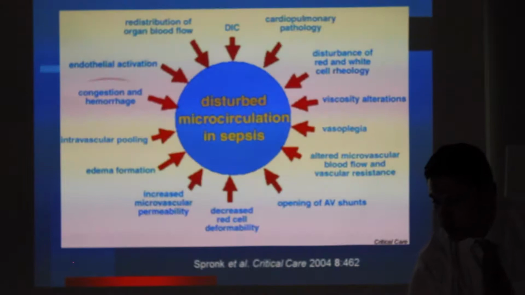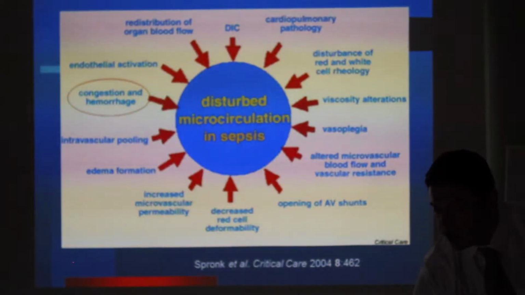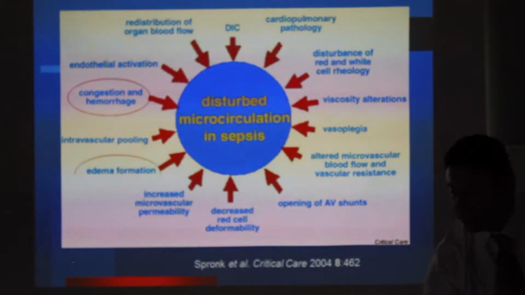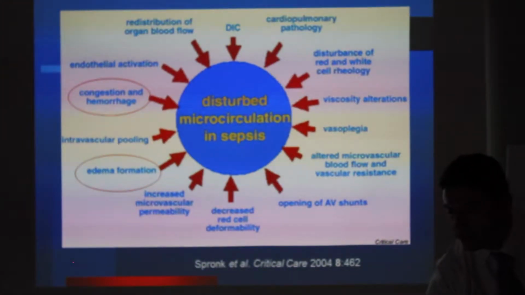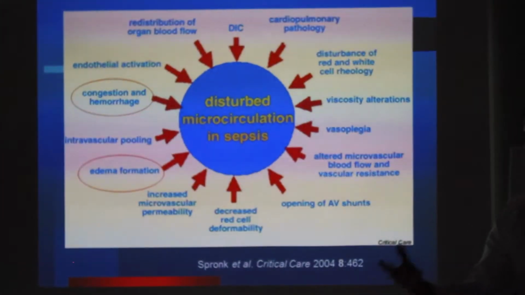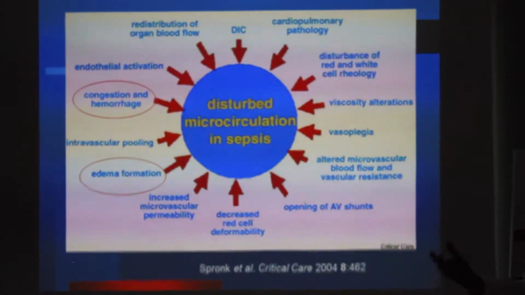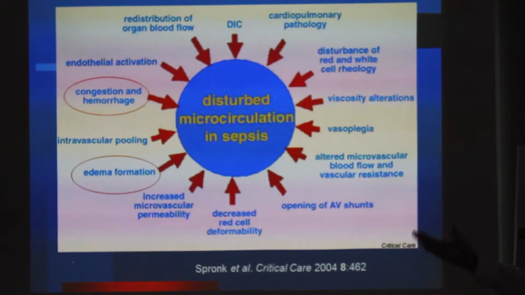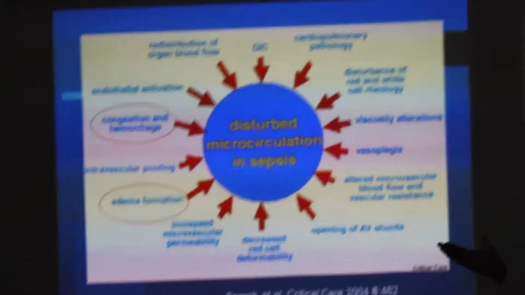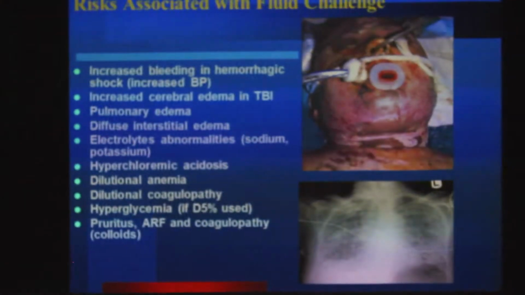Some of those disturbances are congestion and hemorrhage, in addition to edema formation. This is why you need to know how much fluid you want to give. The microcirculation is very important in sepsis, and with any disturbance of the microcirculation, even though the numbers might look good, outcome is bad. So edema can occur and congestion can also occur.